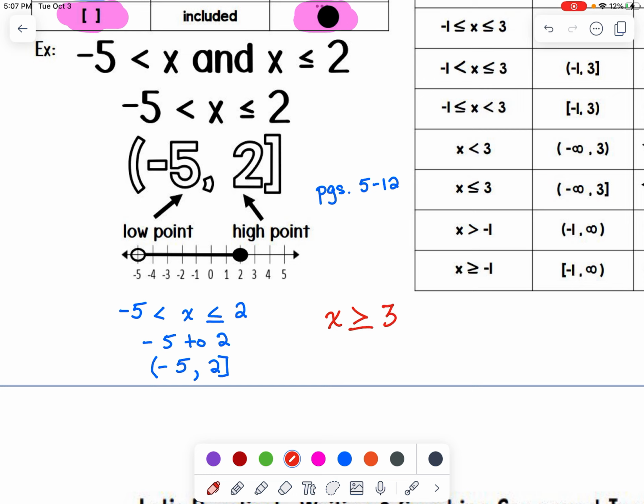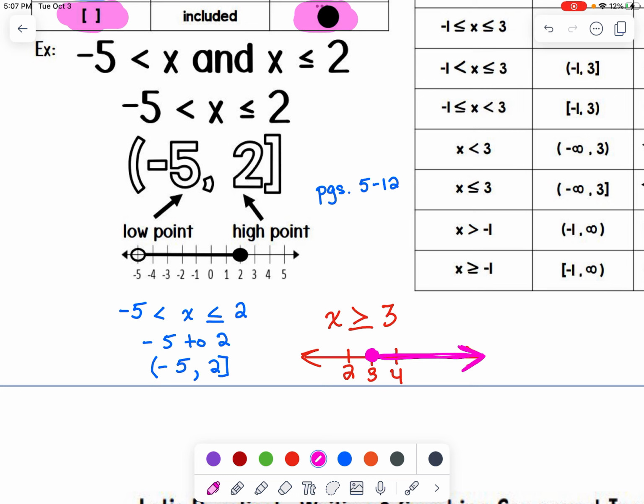That would be on a number line. We would have 2, 3, 4, and so on. On 3, we'd put a solid dot, and it would go to the right.